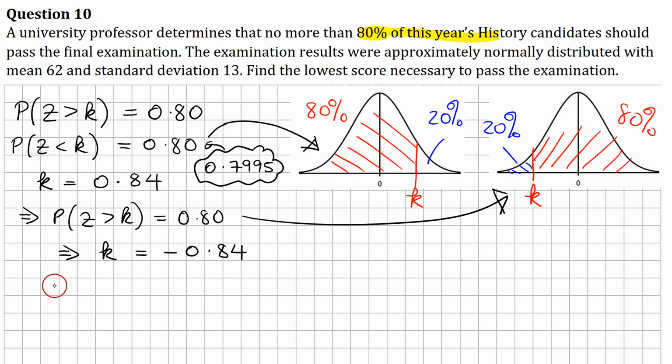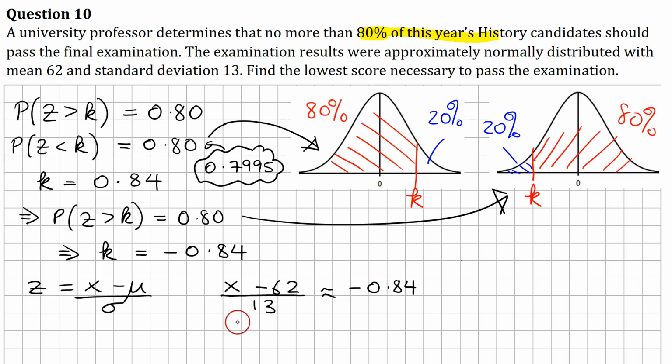Now we have to convert this into a score. So we use our standardizing formula again, which is x minus mu over sigma, but this time we don't know the x. We know 62 is our mean, and we know our sigma to be 13, and that gives out a score of minus 0.84.